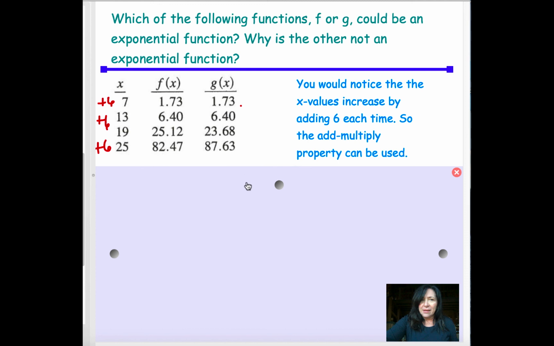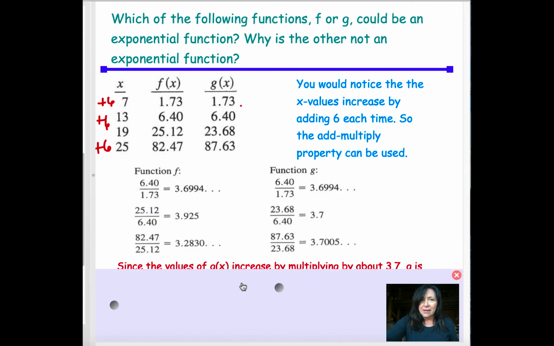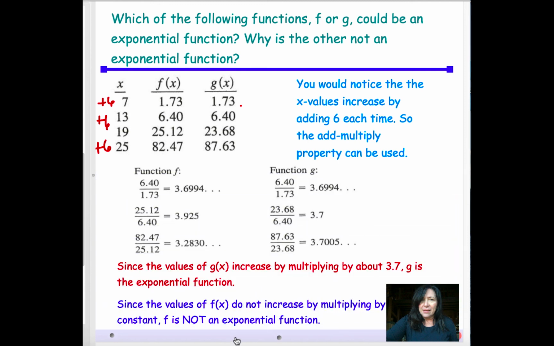Okay, so assuming that you restarted, what you're seeing here is that for this one, you've got 6.40 divided by 1.73, you get 3.6. But then when you take the 25.12 and divide by 6.4, now I'm at 3.9. And then if you take that value and divide again, you're at 3.2.